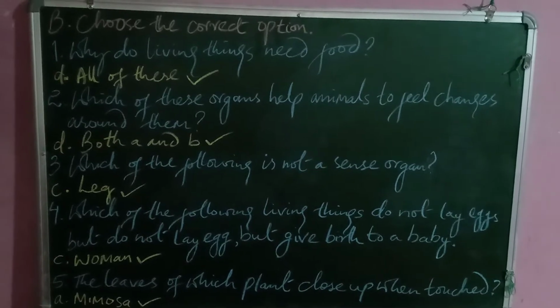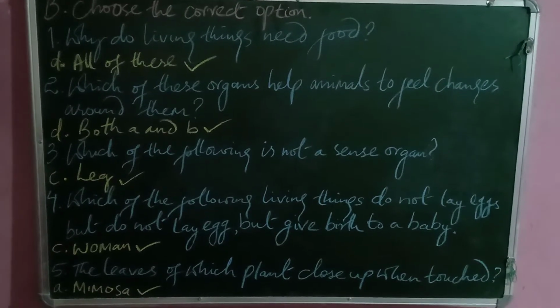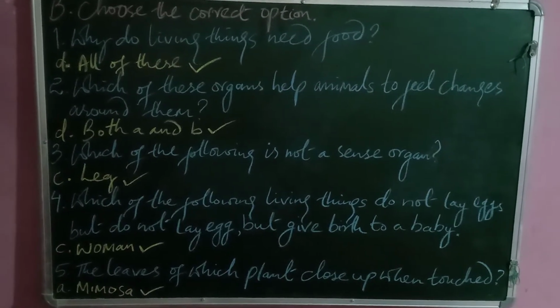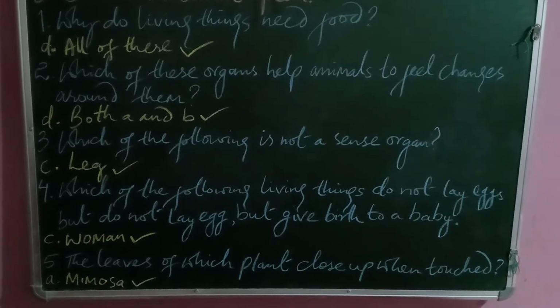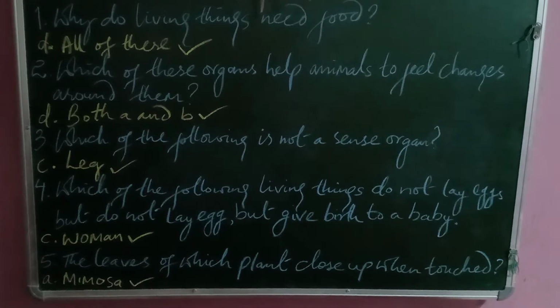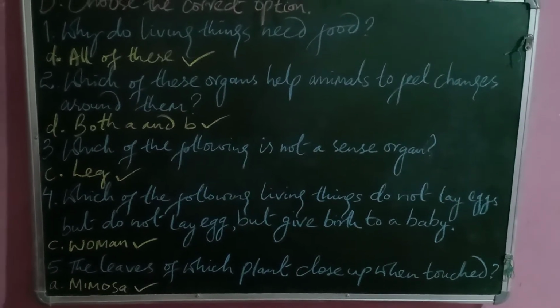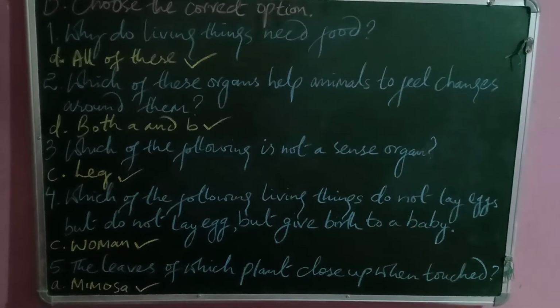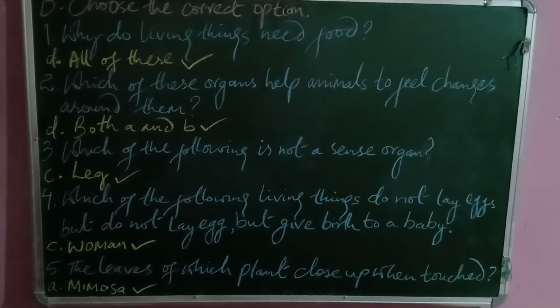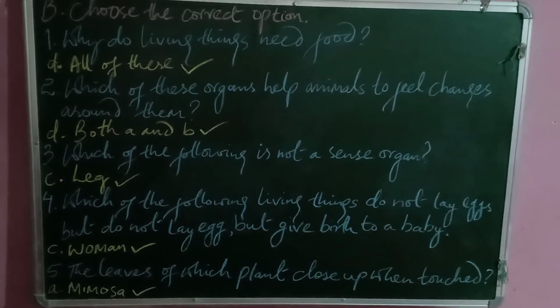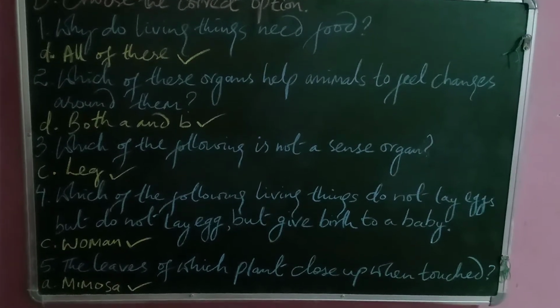Then we have question 4: which of the following living things do not lay eggs but give birth to the baby? And your options are pigeon, plant, woman, hen. So the correct option is woman.